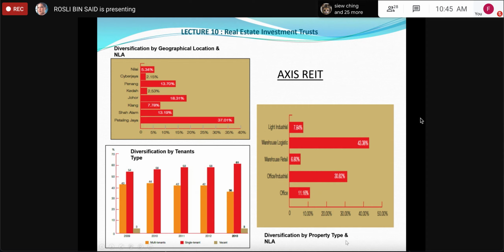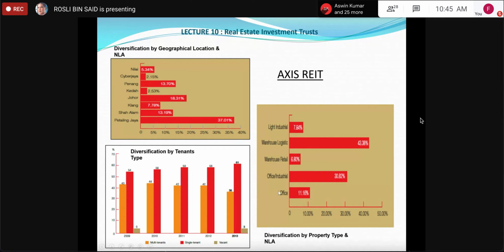And then in terms of property type and net lettable area, you can see the majority is warehouse logistics. Warehouse is basically good. It won't be affected by COVID because import and export still need to use warehouse logistics.